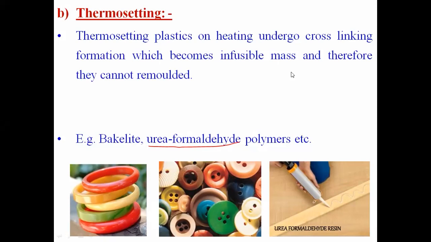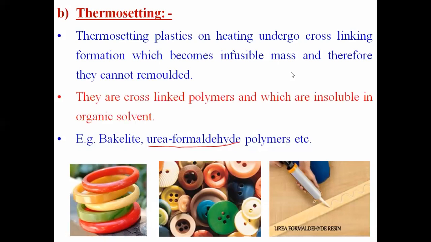It can be remolded after heating, but thermosetting cannot be remolded after heating, and this is the property of thermosetting. Actually, they are cross-linked polymers and which are insoluble in organic solvent. They are not soluble in organic solvent. Okay, and they form infusible mass after heating, therefore cannot be remolded. Okay, this is just a thermosetting.